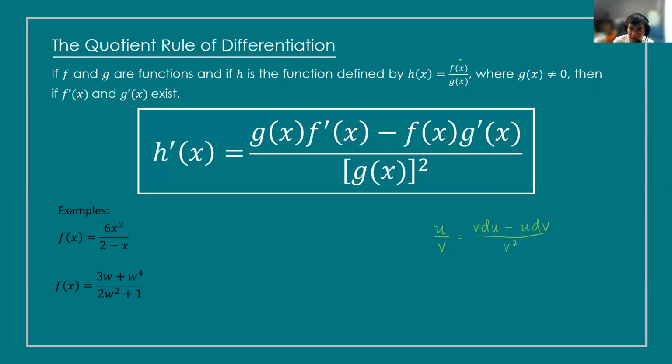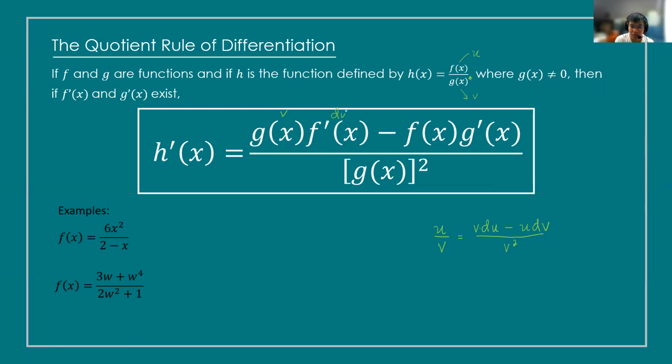So again, just take note that if this one is equal to u, the f of x, di ba? Then this one is equal to v. So wala na siya ikaw na prime. Notice that this one is v. Then f prime of x is the derivative of u.